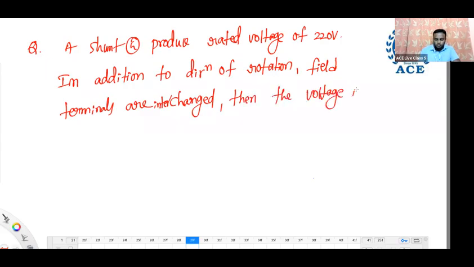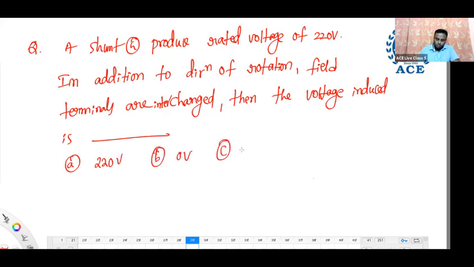Options: 220 volts, 0 volts, minus 220 volts, none of these.